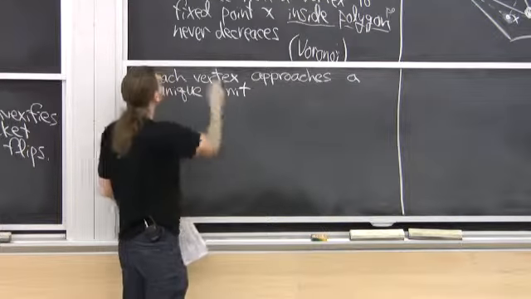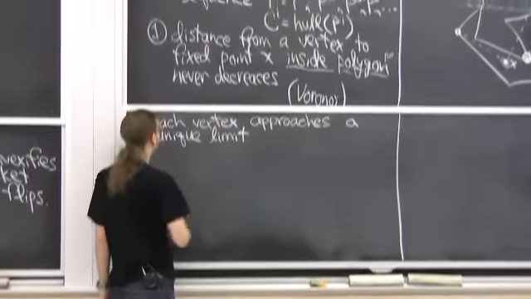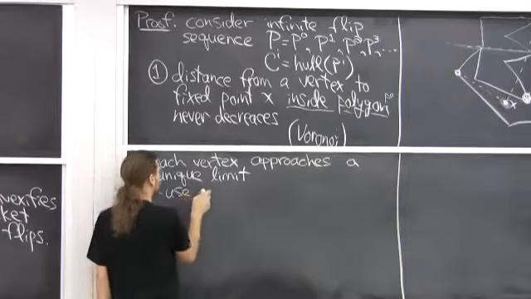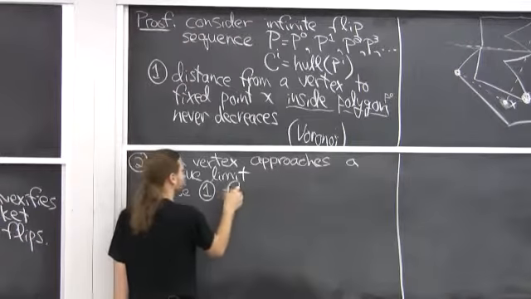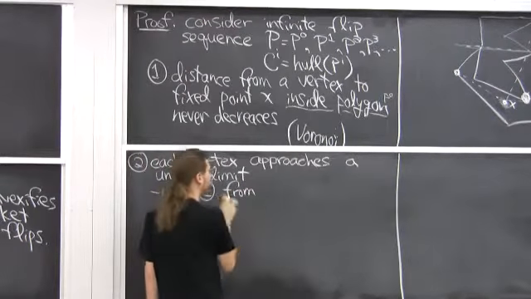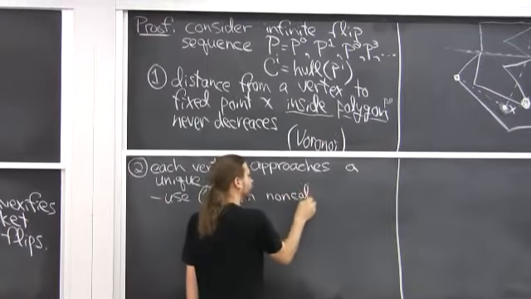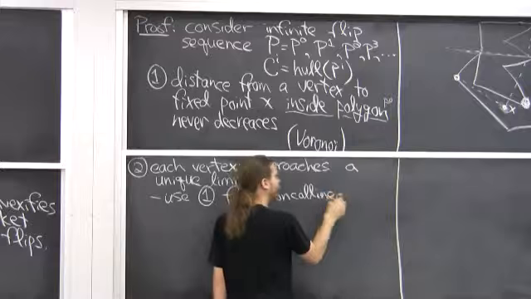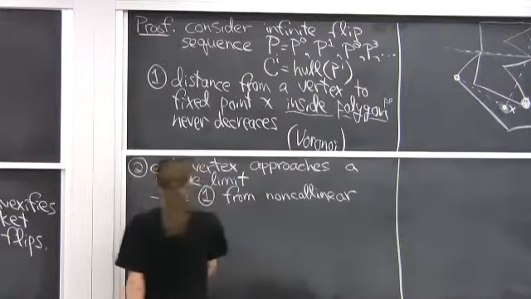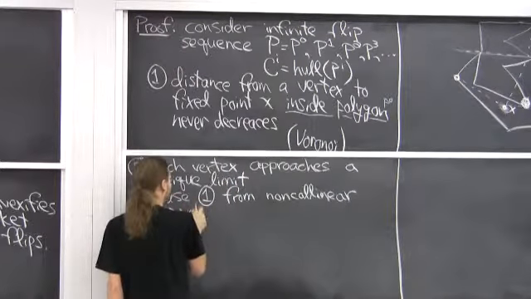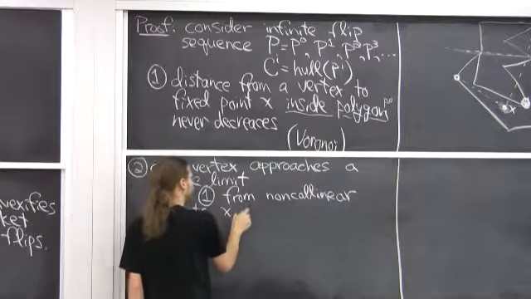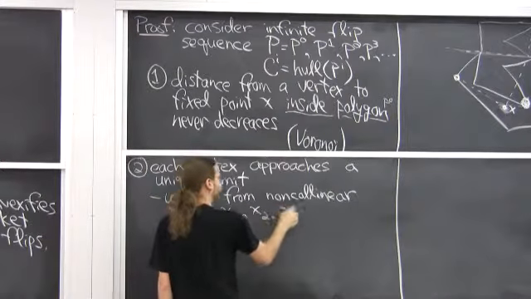The way we prove that is using part 1. And we use part 1 three times from 3 points x, and they must be non-collinear. So we're going to take x1, x2, x3.